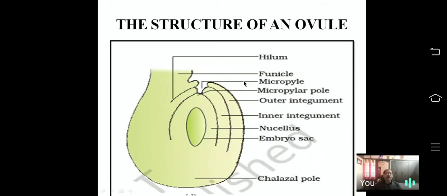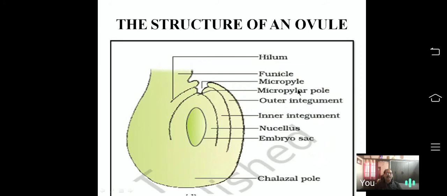Its opposite end is called the chalazal end or chalazal pole. This is the chalazal end or pole. This is the micropylar end or pole. It is the structure of the ovule.